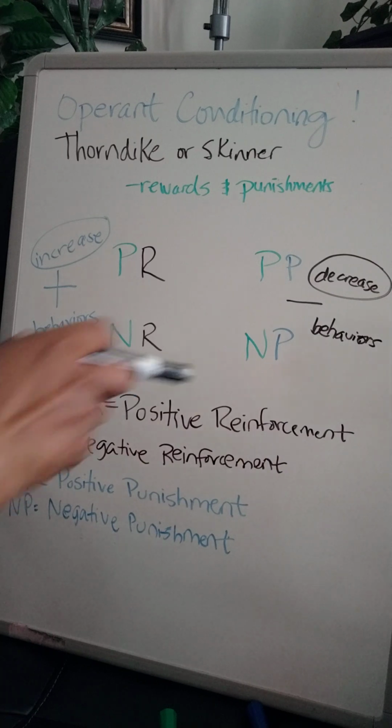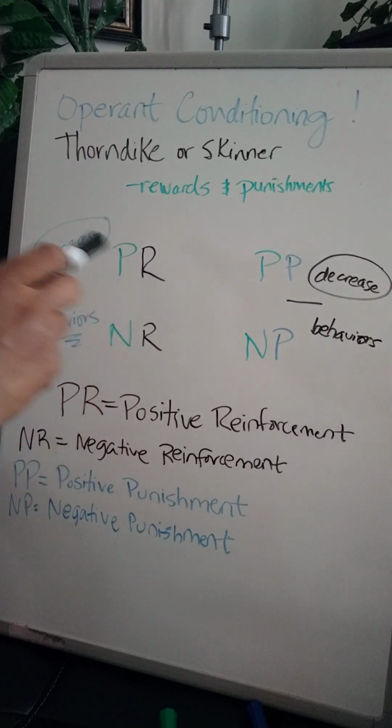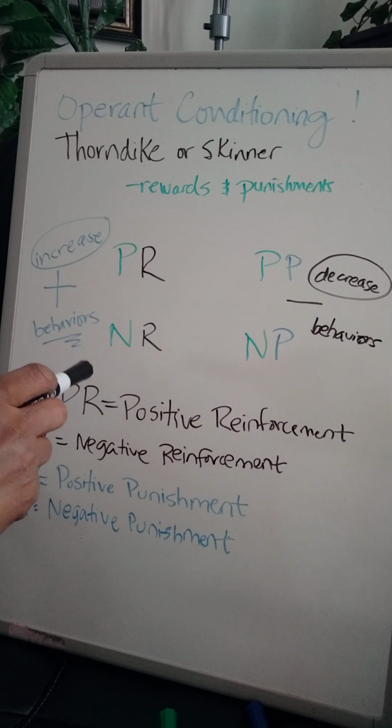Now let's give an example of everything. Let's tell a story. So you have, let's say, a doggy named Mikey, little Mikey. All right. So you want to increase little Mikey's behavior. So little Mikey is sitting down, doing what he's supposed to do.